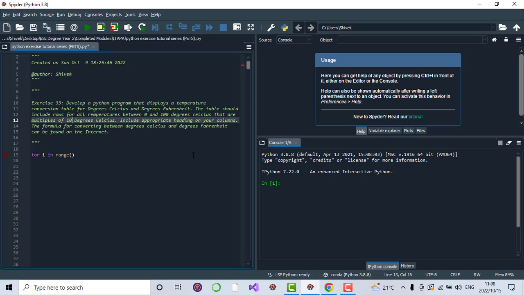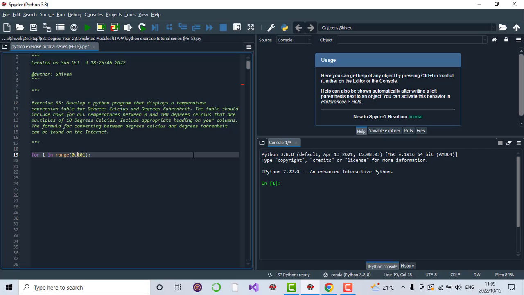This tells us that the number 100 is included, 0 to 100, because they said multiples of 10. So let's proceed. Make that 101, because the range function is inclusive of the first value and exclusive of the second. So that will run from 0 to 100.